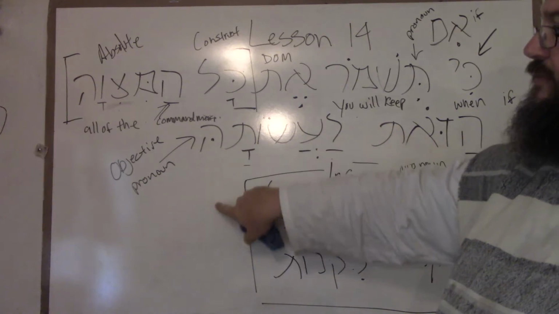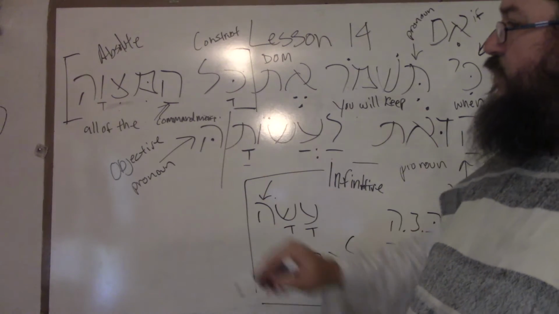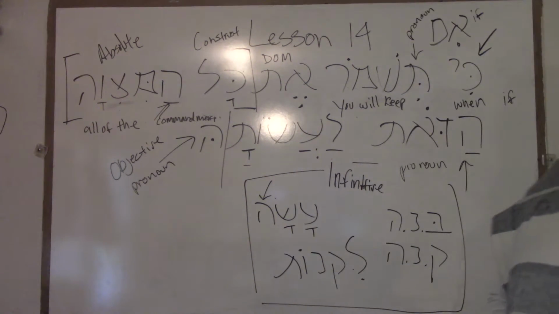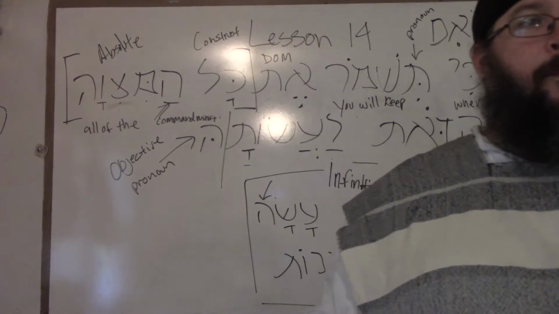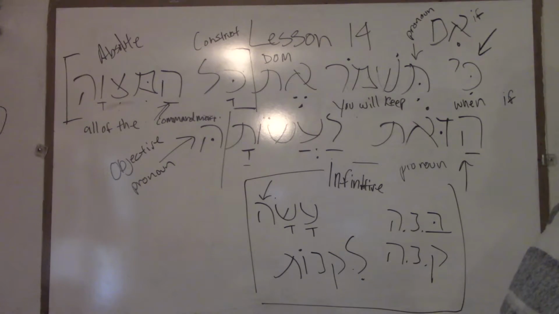Now we have a problem, and the grammatical problem we have here is the fact that we do not attach objective pronouns to infinitive verbs. Okay? We do not attach objective pronouns to infinitive verbs.